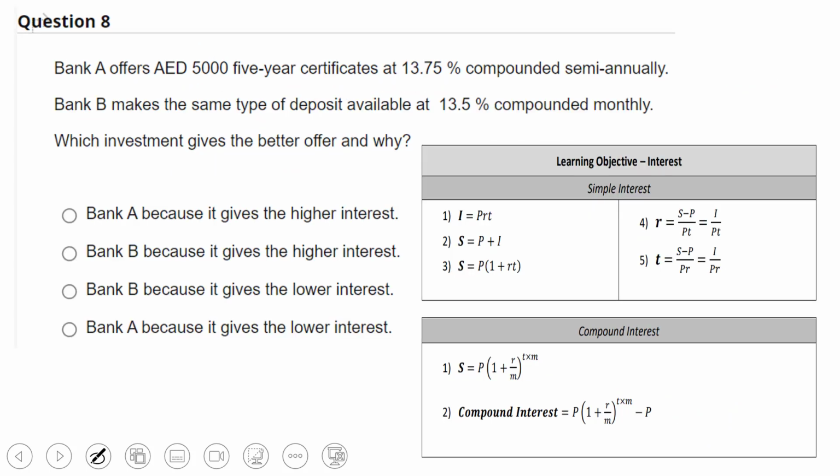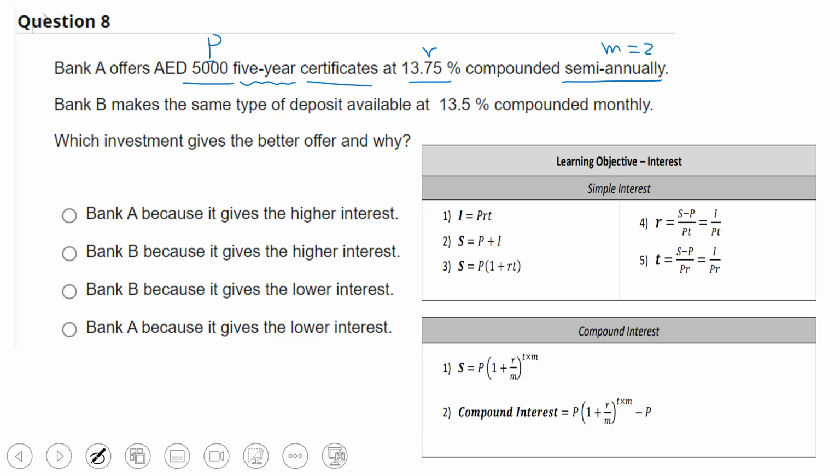Now, a bank offers 5,000 for a 5-year certificate. The rate is this one, right? So this is the principal amount. This is R. Semi-annually means M equal to 2, right?